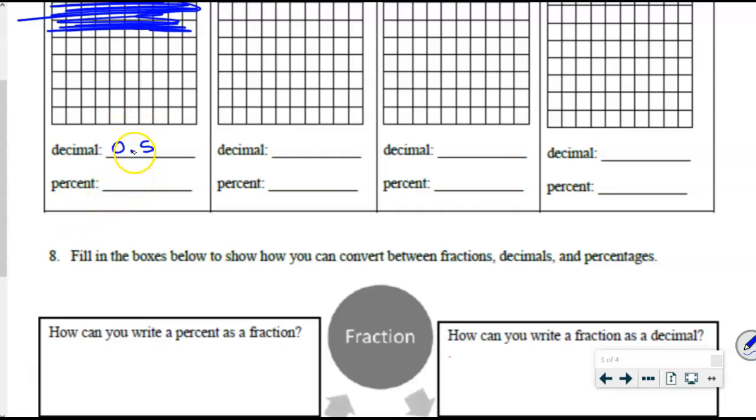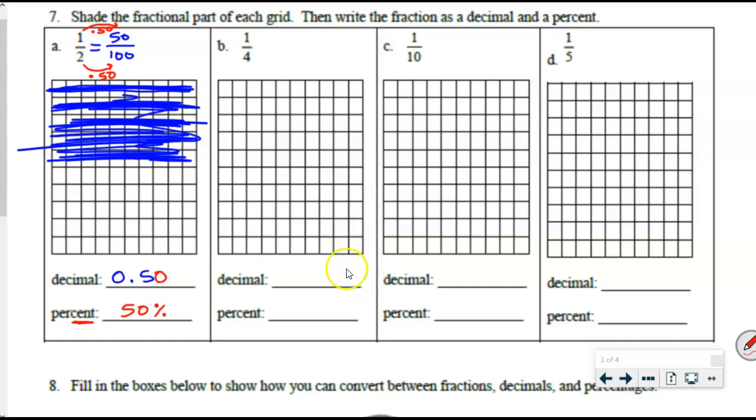If this is 0.5, if I keep it as 50 in the hundredths place, how many hundreds do I have? 50. So that's 50 hundreds. When it's a percent, I say hundreds like this with the percent symbol. 50%. Will you please practice that with these other ones?